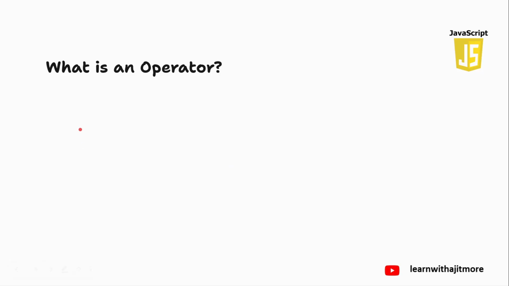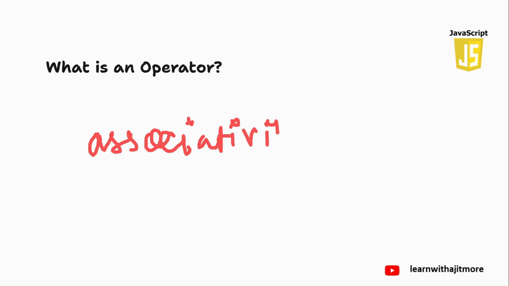And there is something called associativity also. Every operator is going to have associativity. Associativity means the direction of evaluation, whether to go left to right or right to left.